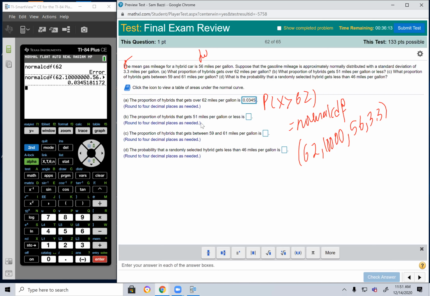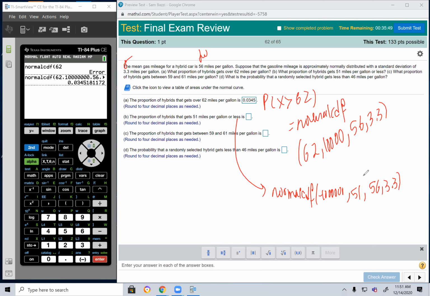Proportion of hybrids that get 51 miles per gallon or less means the probability of X less than 51. So for this one, guys, you just do normal CDF, negative a million, 51, 56, and 3.3.